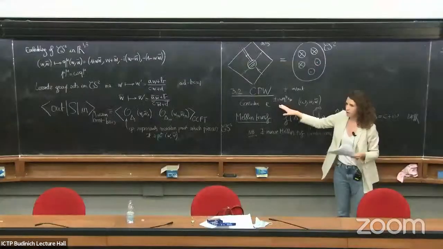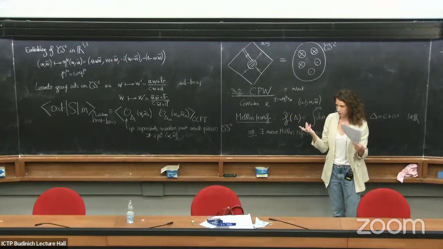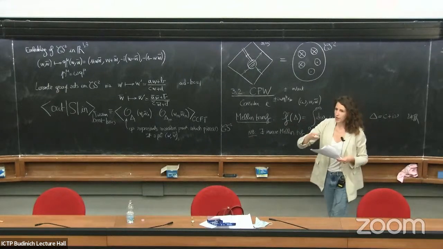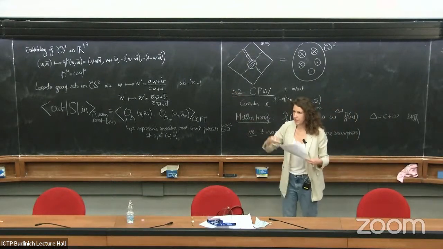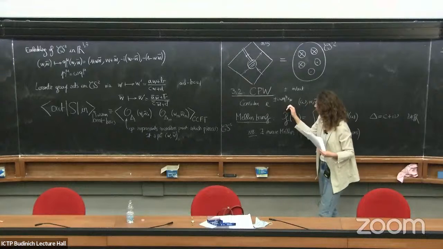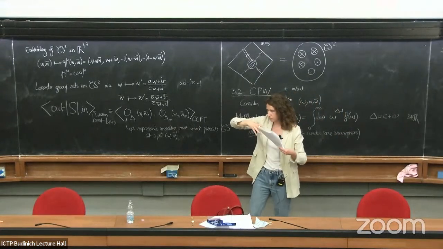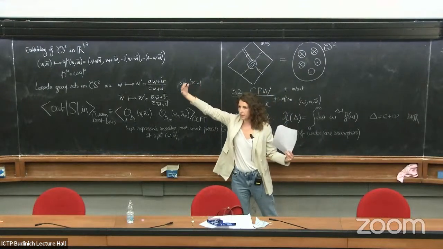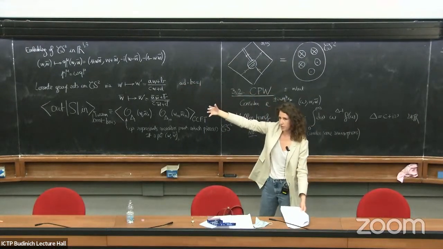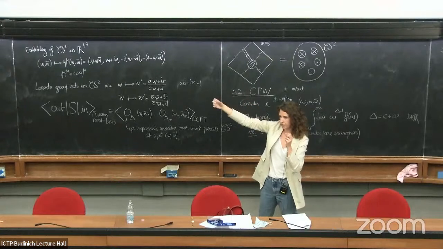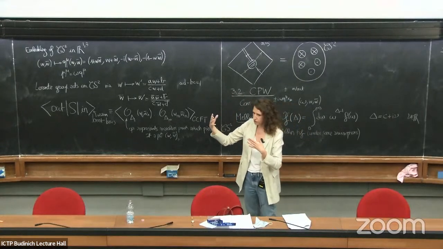So this object is defined at any bulk point X. But it's a bit like what we did yesterday when we pushed this wave function to the boundary by taking a large R limit. And then I mentioned this saddle-point approximation computation that I didn't show.